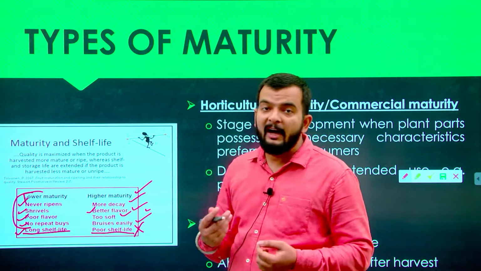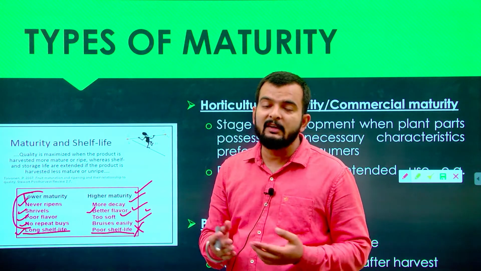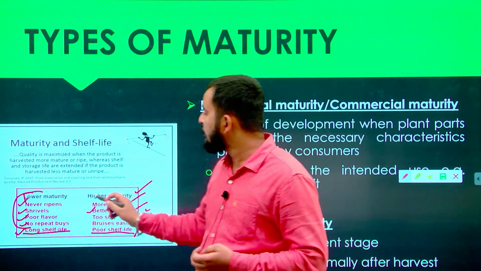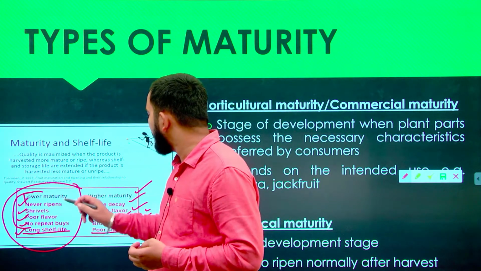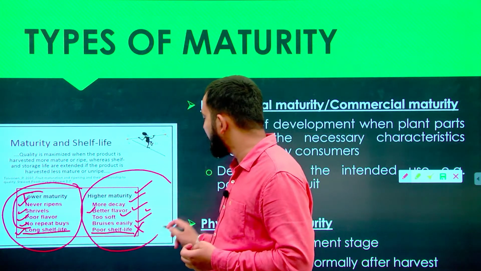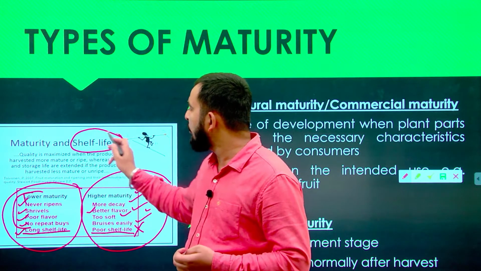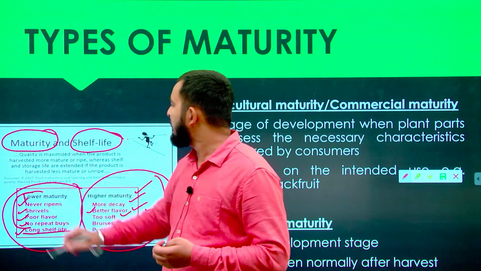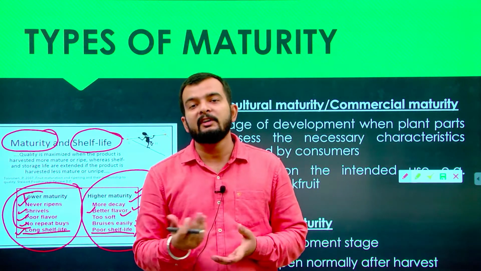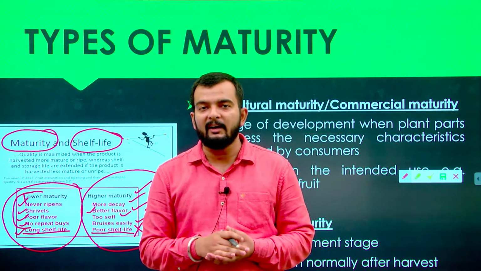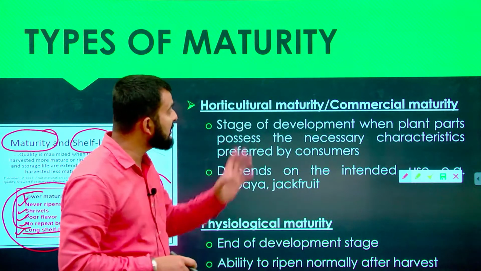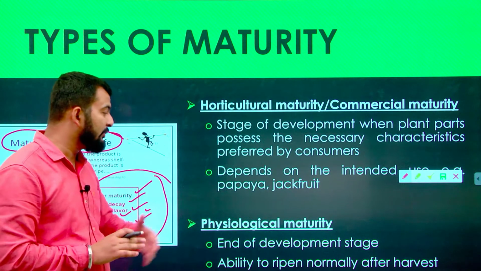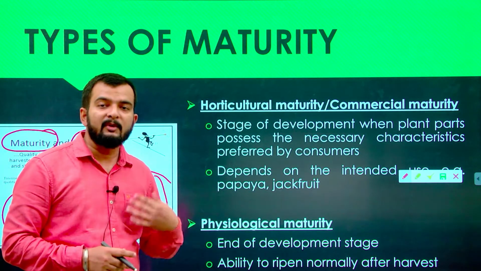So in order to balance both the cases, you should have a proper quality and also a proper shelf life. In order to balance maturity and shelf life, you have to select at what stage of growth you harvest, whether at horticultural maturity or physiological maturity or even before that.